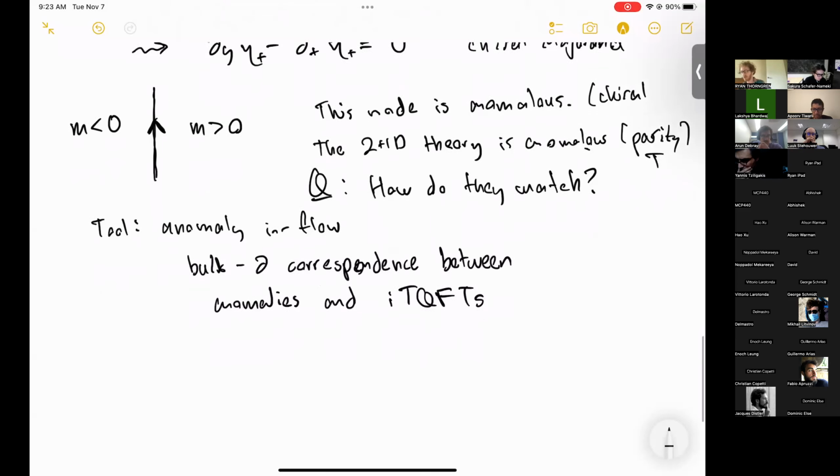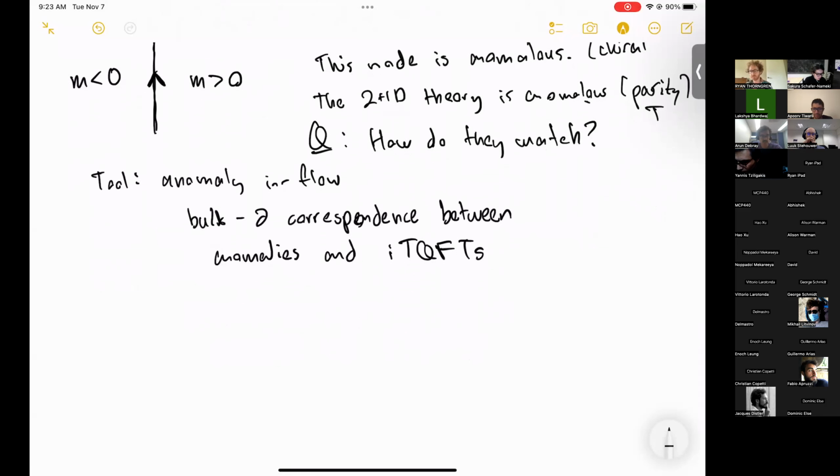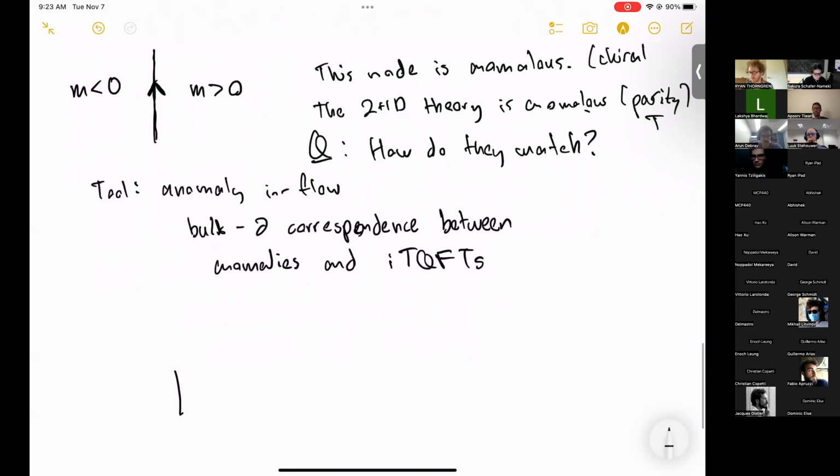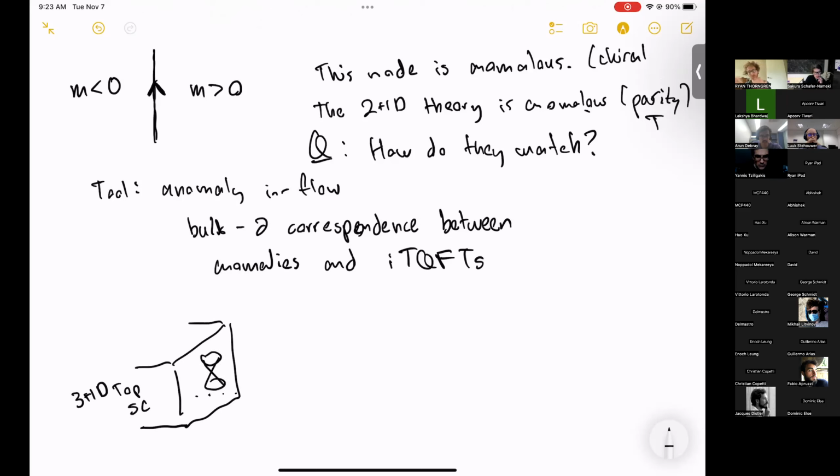So I'll call them ITQFTs. The physical picture of what we're doing is, this mode, this 2+1D Majorana fermion, in condensed matter physics naturally lives at the boundary of this 3D topological superconductor. So this 3+1D topological superconductor has ordinary time reversal symmetry and no interesting local degrees of freedom of its own.